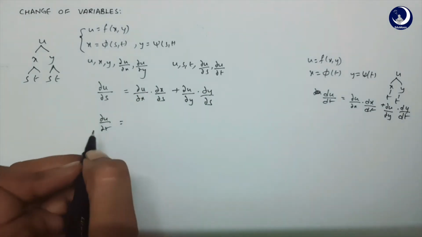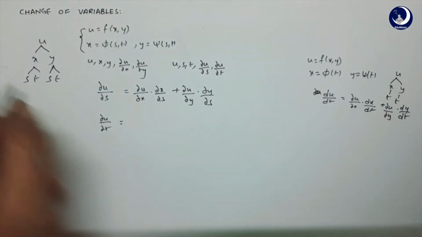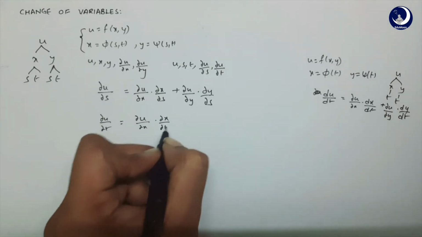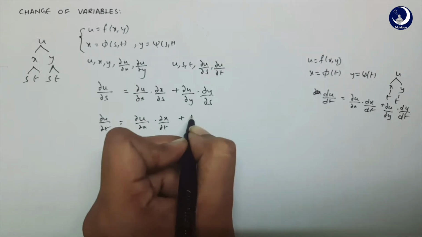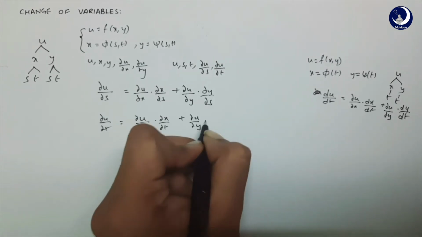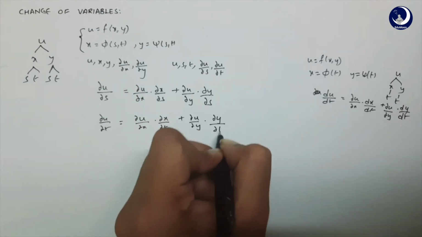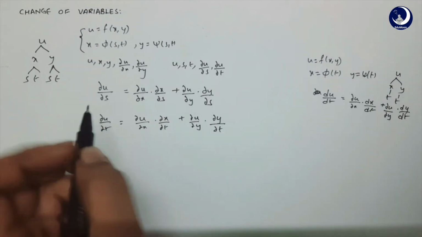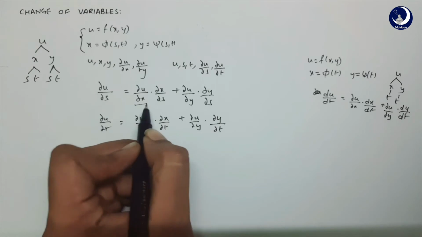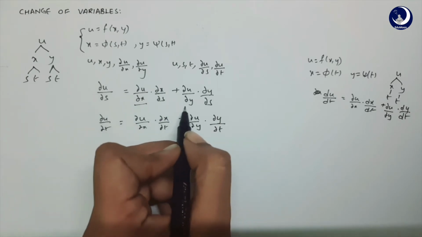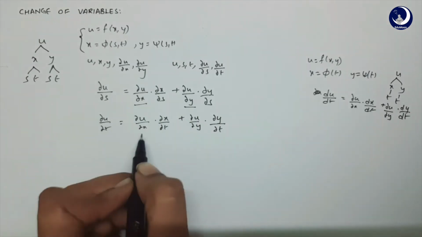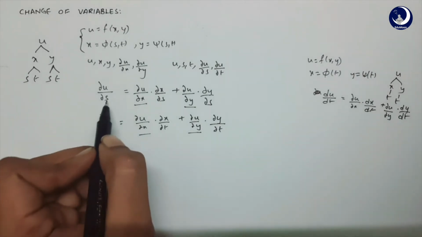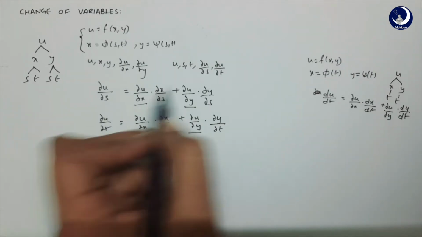Similarly, for ∂u/∂t, we get ∂u/∂x into ∂x/∂t plus ∂u/∂y into ∂y/∂t. Now solving these two equations as simultaneous equations in the terms ∂u/∂x and ∂u/∂y, we get the values in terms of u, s, t, ∂u/∂s, and ∂u/∂t, which is what we wanted.